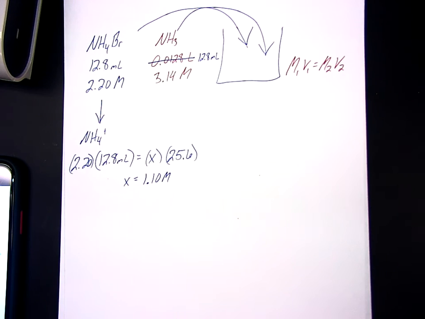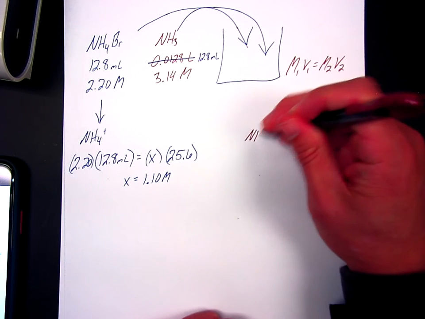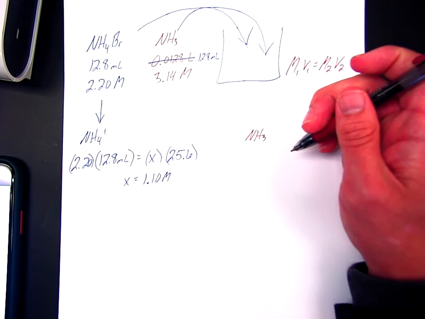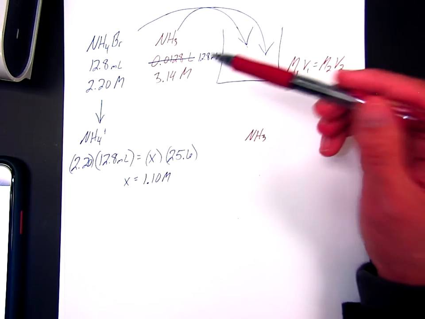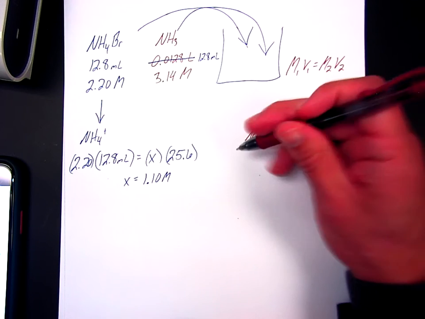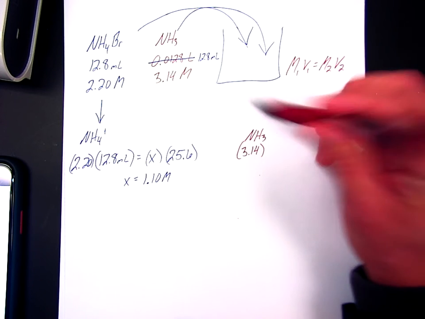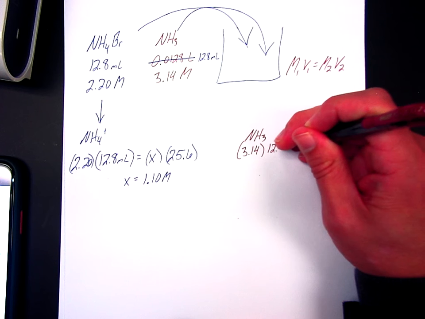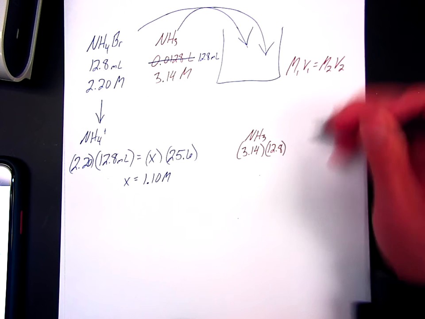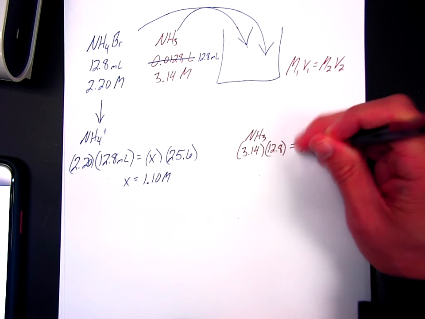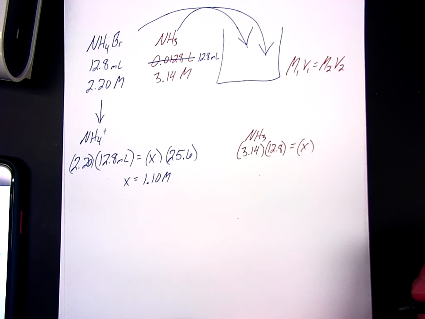So now let's run those same values for the NH3, using his values. So the starting molarity there was 3.14. There's M1. The starting volume is 12.8 mL. That's V1. We're going to find the molarity of him.